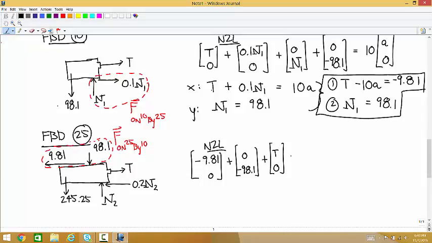The weight is in the negative y direction. N2 is in the positive y. 0.2 N2 is in the negative x.